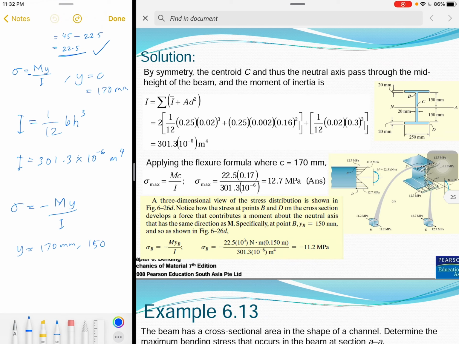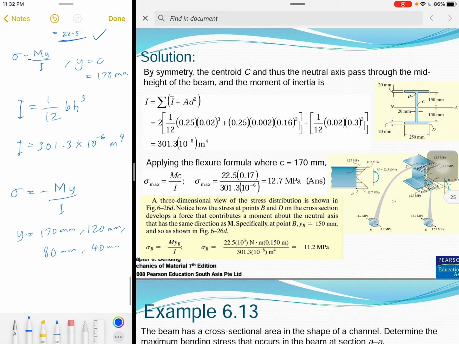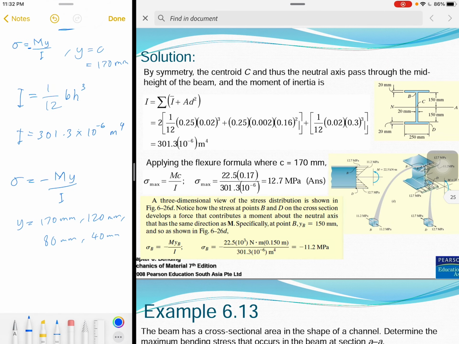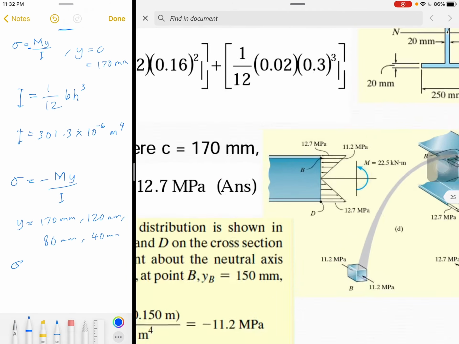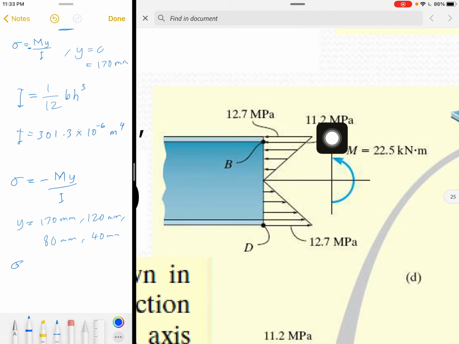or maybe 120 millimeter, then 100 maybe, 80 millimeter, 40 millimeter. So when you get the value of stress for each of these, you can plot it, and then you will get this kind of shape.